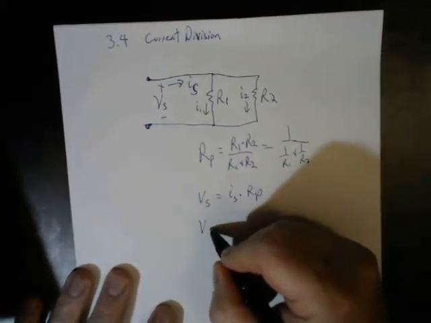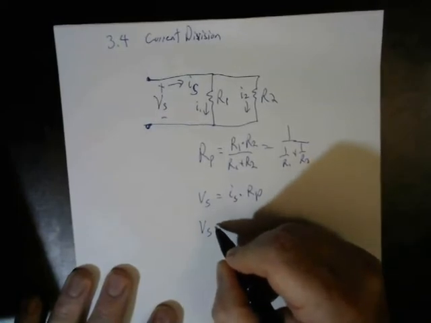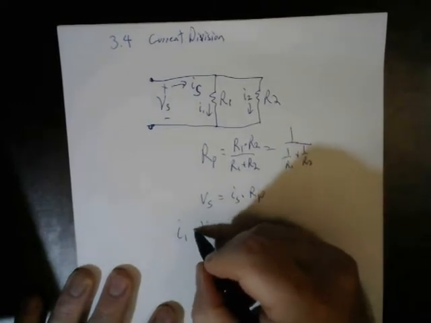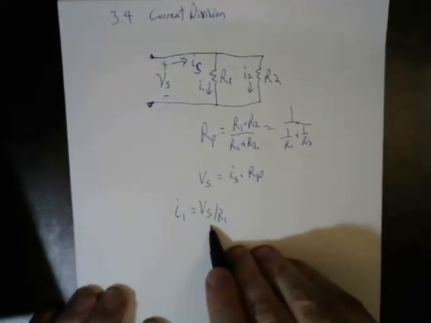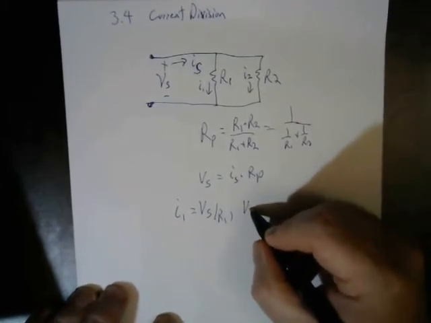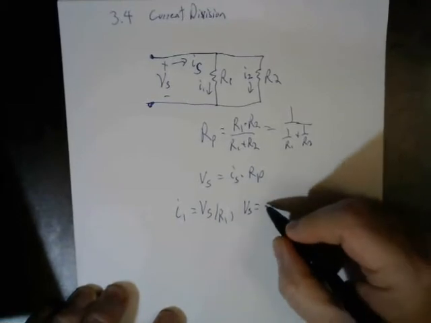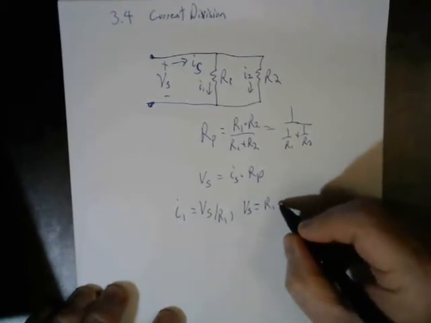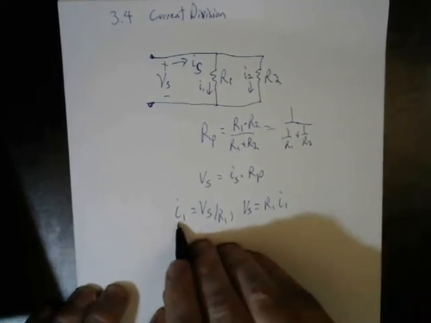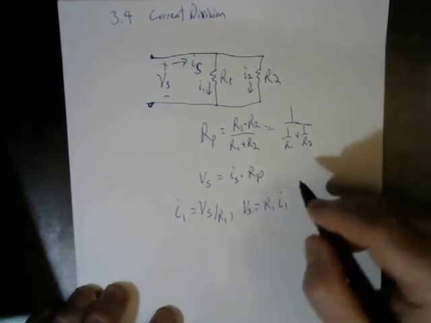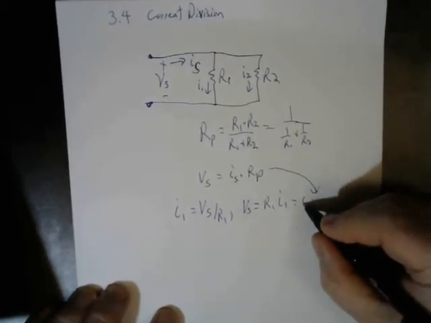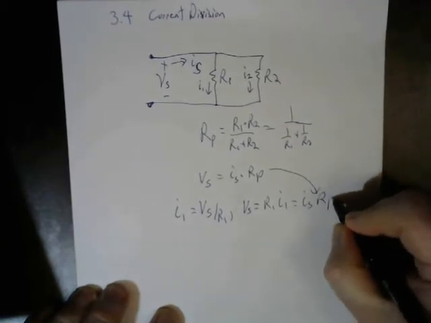So I know that I1 equals VS over R1, or that VS equals R1 times I1. And since this is true, and this is true, that is equal to IS times R parallel.